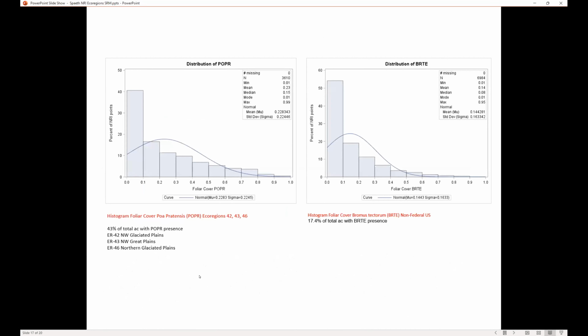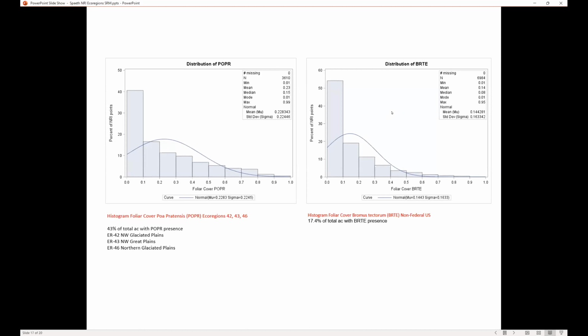For example, a quick look at a histogram of three ecoregions, occupying the Northwest glaciated plains and the Great Plains: the average canopy cover percent of Kentucky bluegrass for these three ecoregions was 22%.